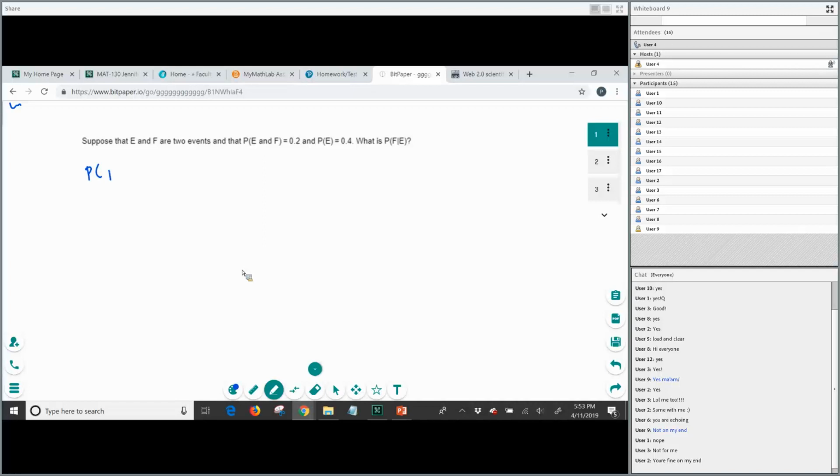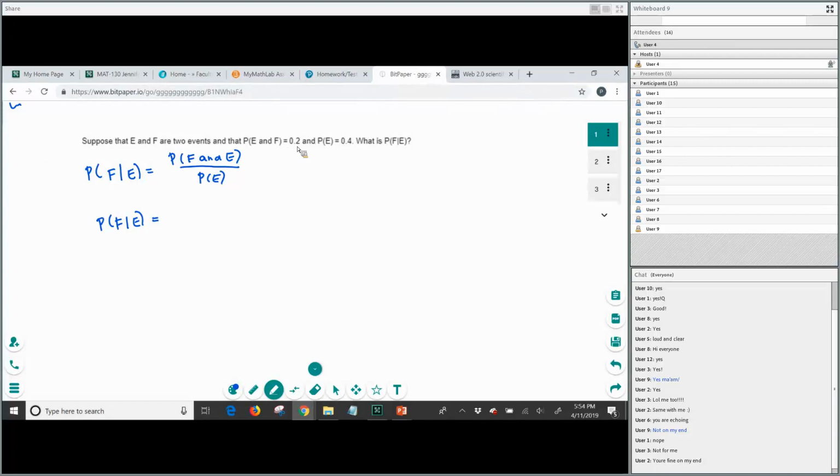Probability of E equals 0.4, and we want to know the probability of F given E. So by that formula on the other slide, probability of F given E is equal to the probability of F and E over the probability of E. Remember, the event that comes after the bar is the event that goes in the denominator. So E came after the bar on the left, so E should go in the denominator on the right.